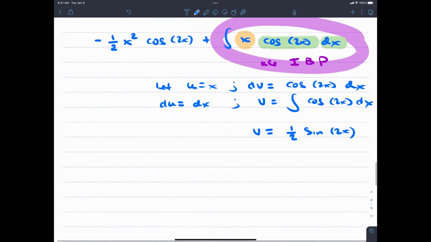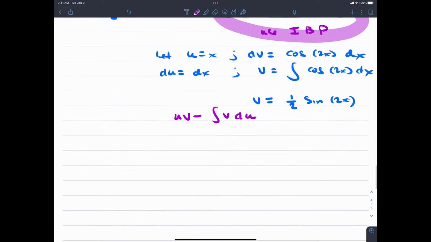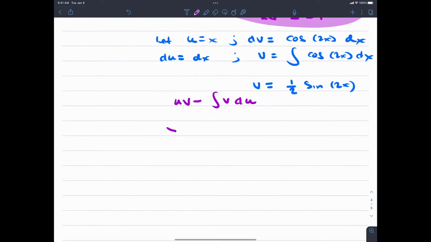So for this purple part, I'll do it in purple. What's the song? uv minus the integral of v du. That means x, because that's what u was. V is 1/2 sine 2x, minus the integral of, what was v? V is 1/2 sine 2x.